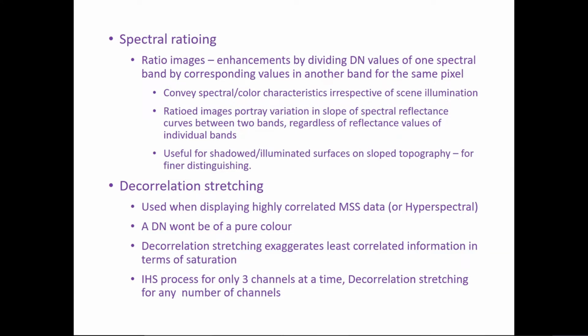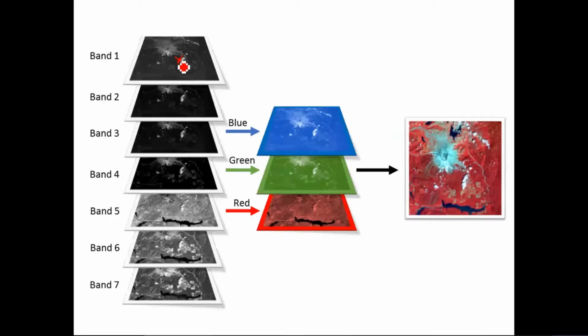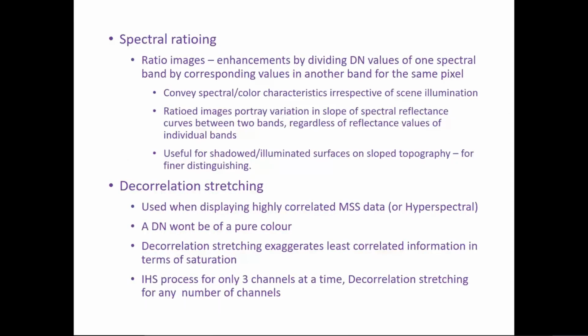Okay, for that pixel, maybe in band 1 you have the DN value, and you are dividing it with the DN value of the corresponding pixel in another band. This method is called spectral ratioing.